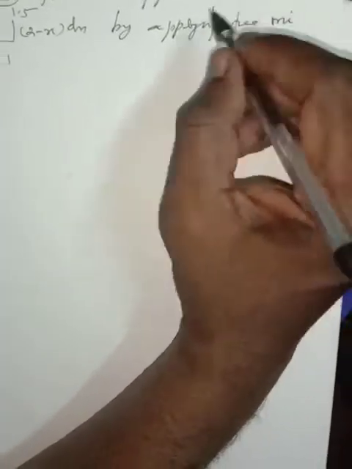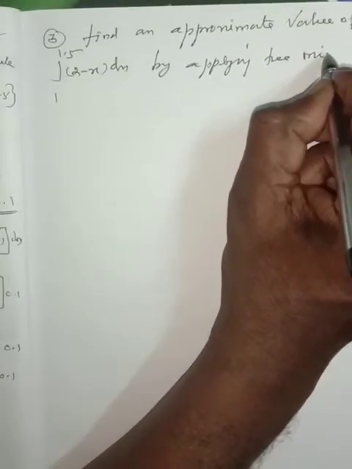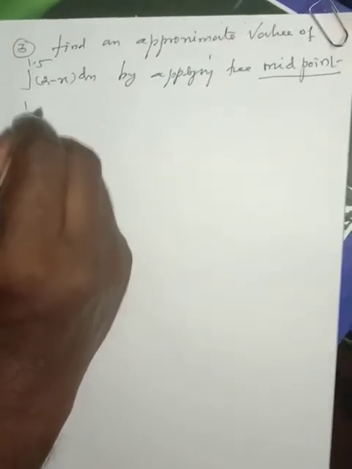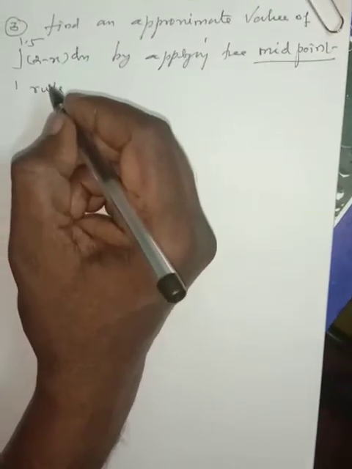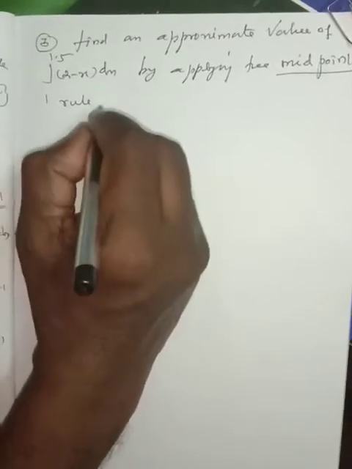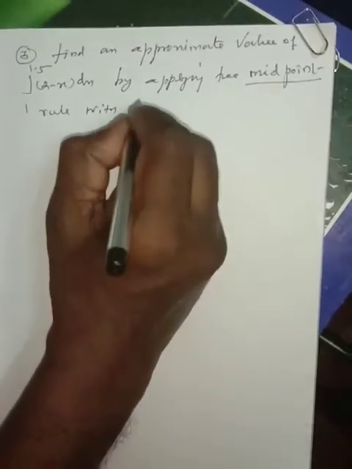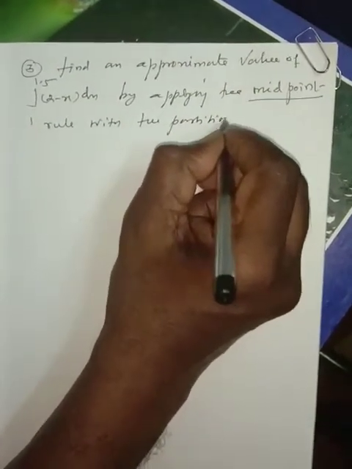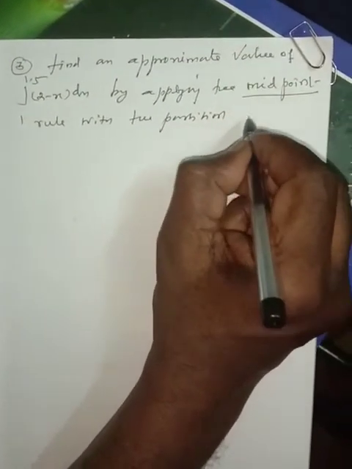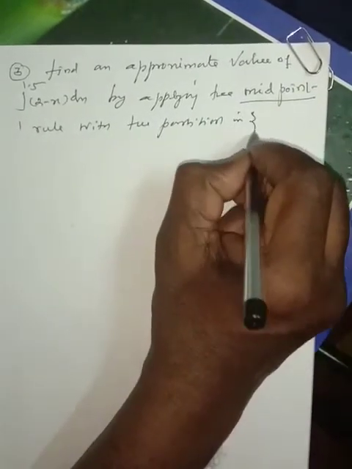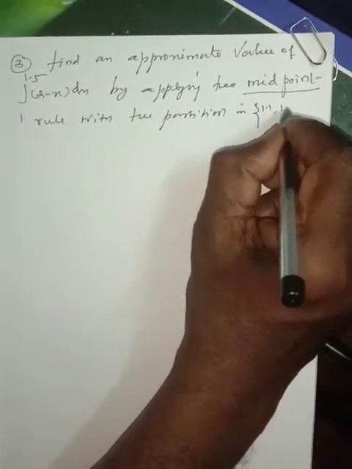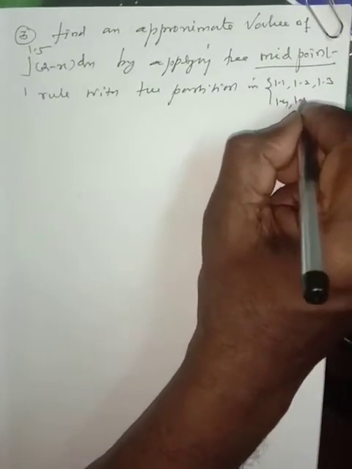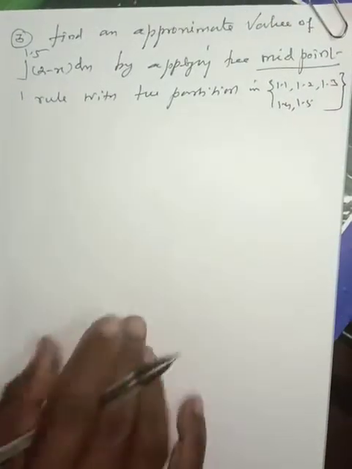First is left, second is right, this is the midpoint rule, with the partition 1.1, 1.2, 1.3, 1.4, 1.5. The same partition.